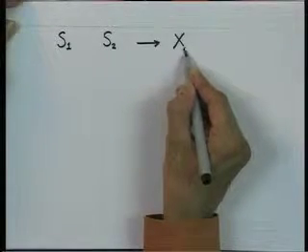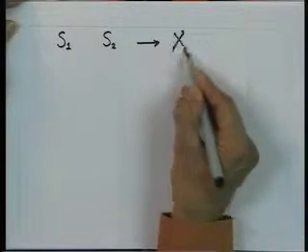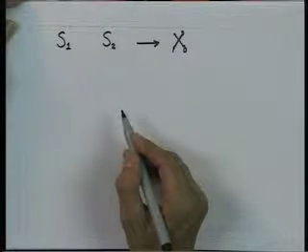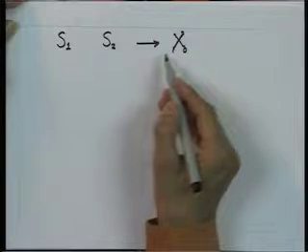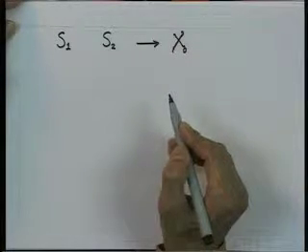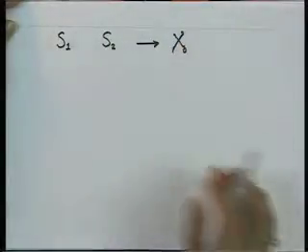Let us call that x0. So, both these sequences S1 and S2, they could be of the same length or need not be of the same length, give rise to the code word x0. Let us assume that is same for both.